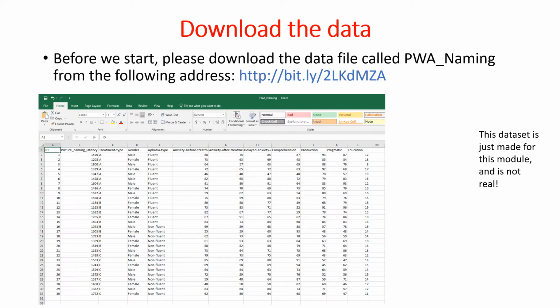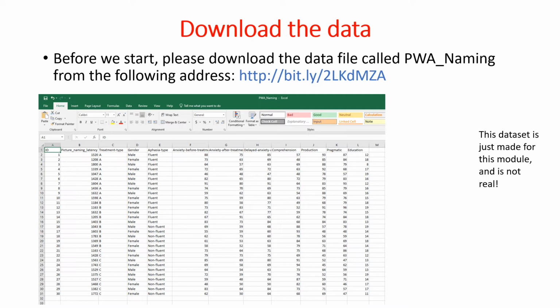We also collected comprehension, production, and pragmatic measurements. We gave them tests of comprehension, production, and pragmatics, and at the end of the day, we had some scores. We also have information about their education level.